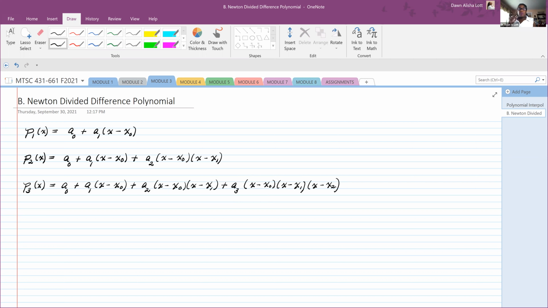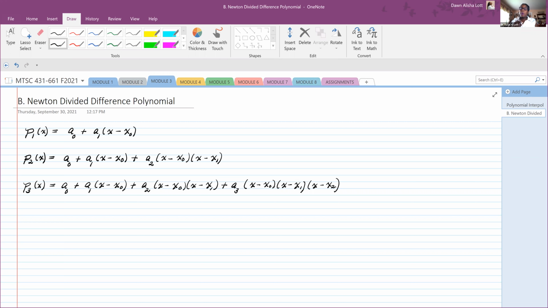Now, the first thing you should notice about this as an advantage over the Lagrange interpolating polynomial is that for this method, knowing P1 helps me find P2.